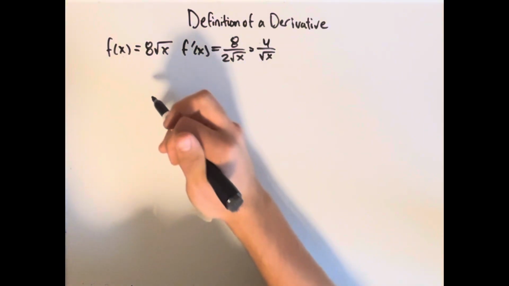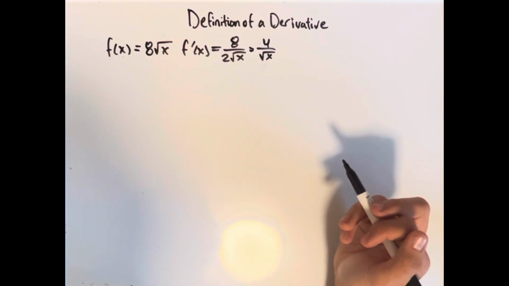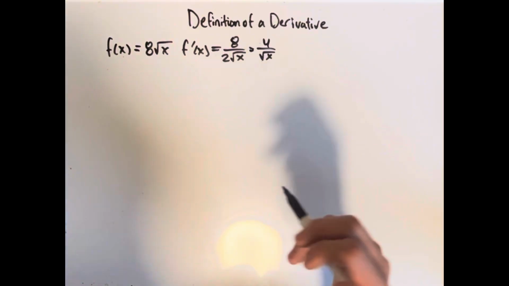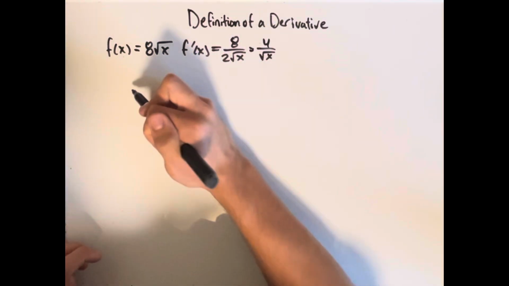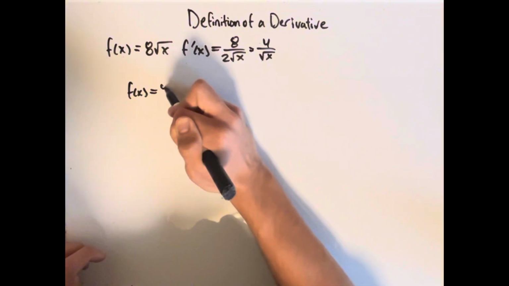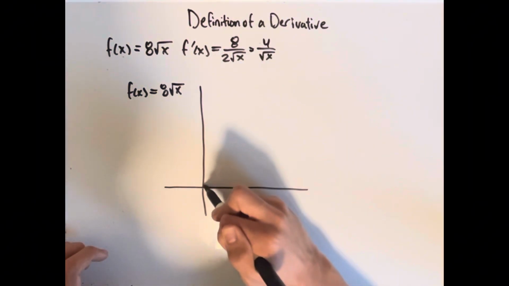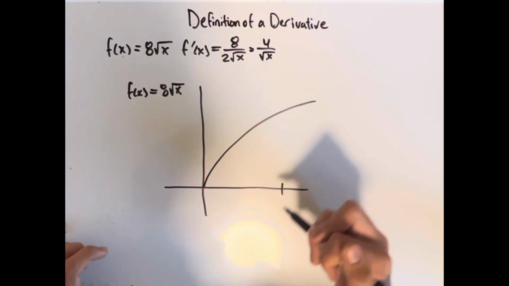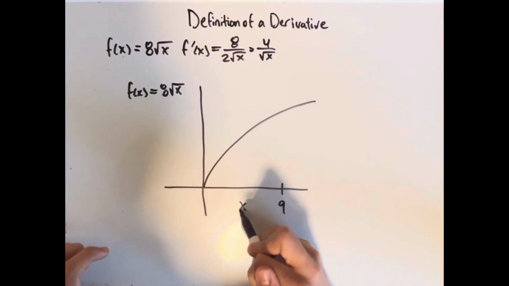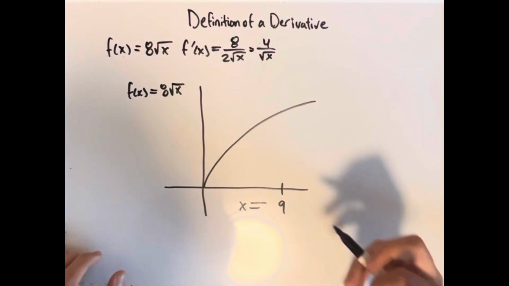Now, let's say we wanted to find the slope at a point. For example, the graph looks something like this. Let's just say we wanted to find the slope at x equals 9.